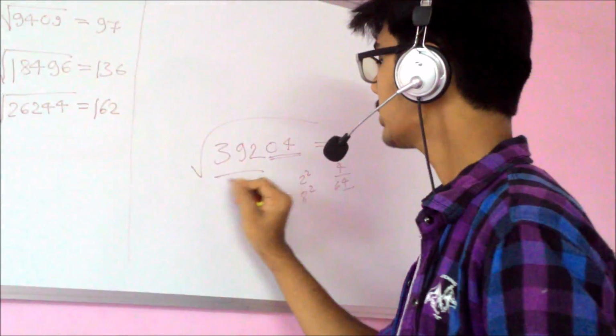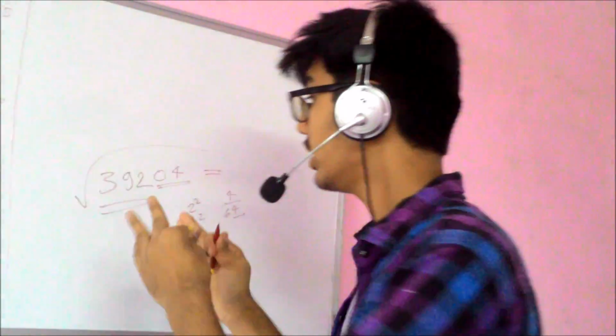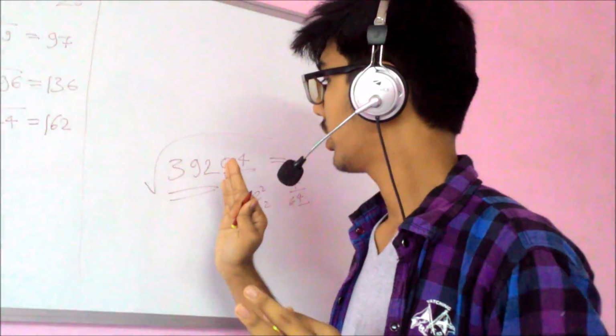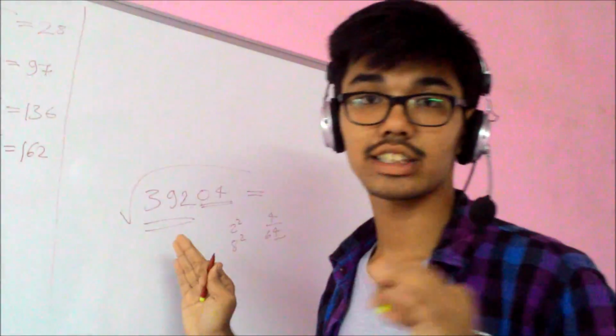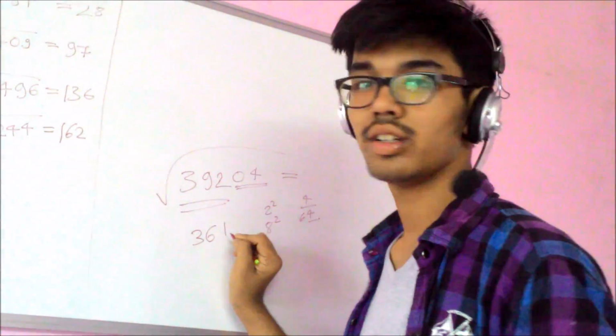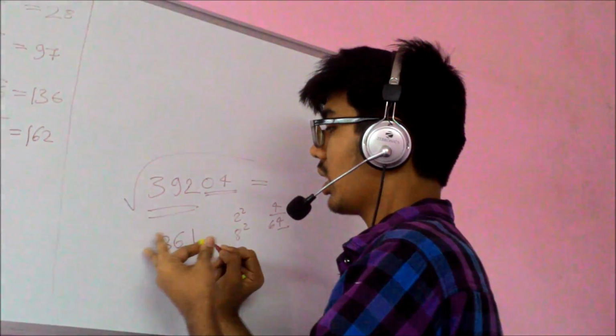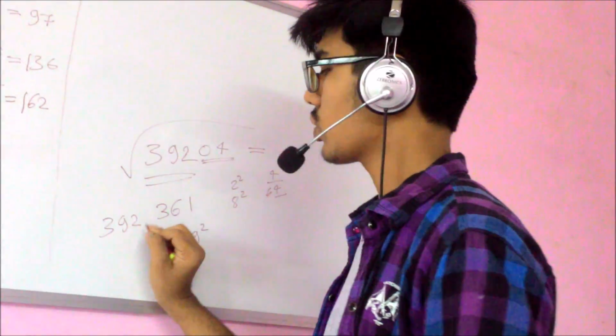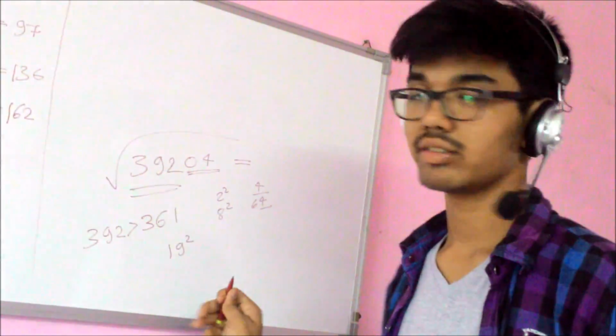Now, the first three numbers. The nearest perfect square to 392 is 361. That's the square of 19. And 392 is greater than 361.